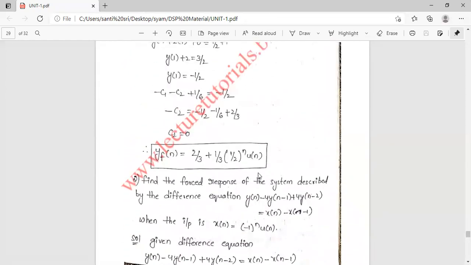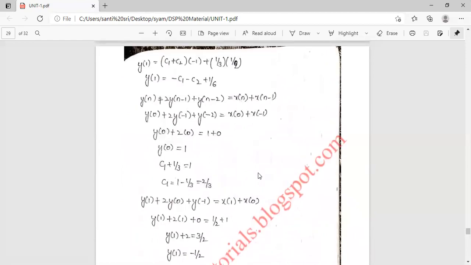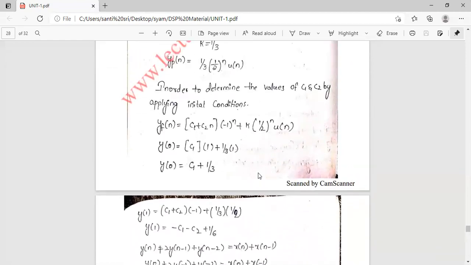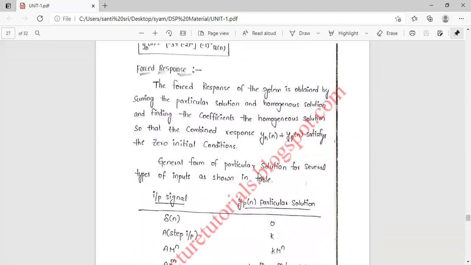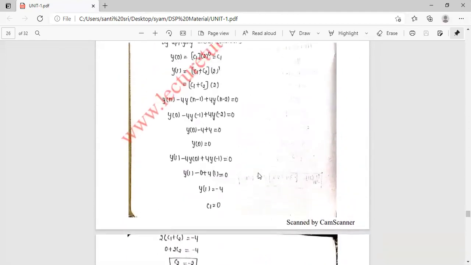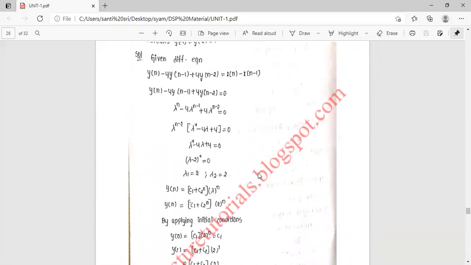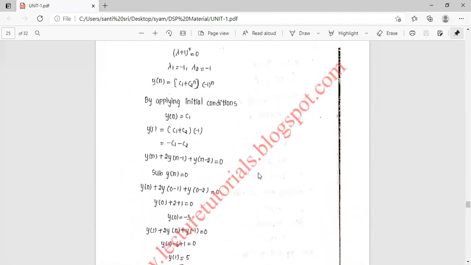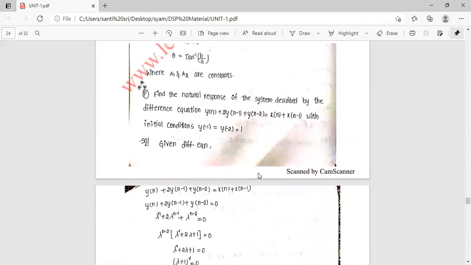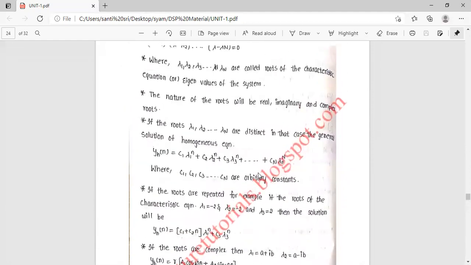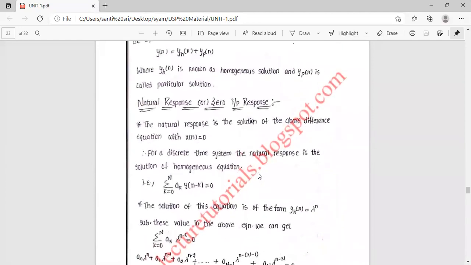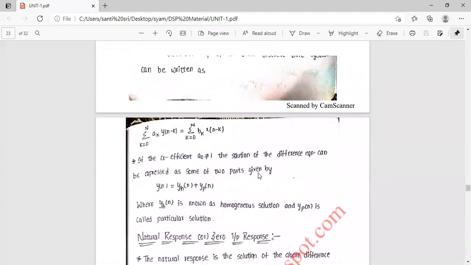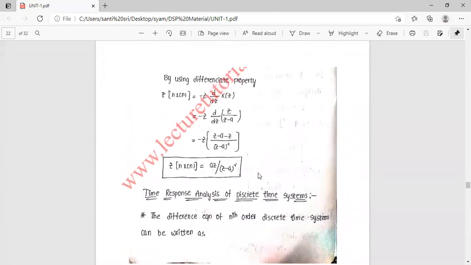We have also done some problems related to time response analysis of discrete time systems, forced response, and the natural response, or zero input response. By doing the problems we can understand the concepts very well.